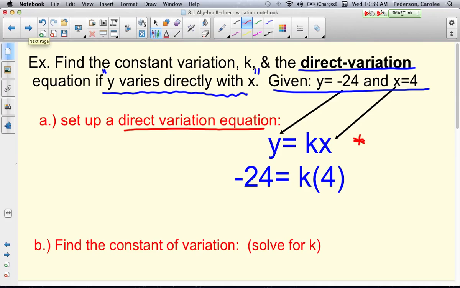Then what you do is you substitute in the given negative 24, so that goes in for y, and then the given x, which goes in for the x. So the substitution would look like negative 24 equals k times 4. So there's step one, as you set up the direct variation equation, and you substitute in the given values. In this case, we have a given x and a given y.